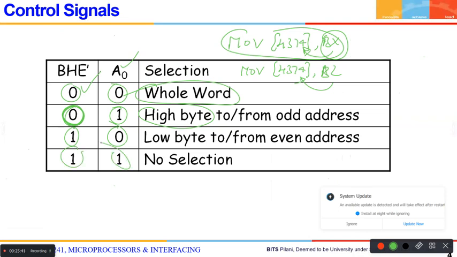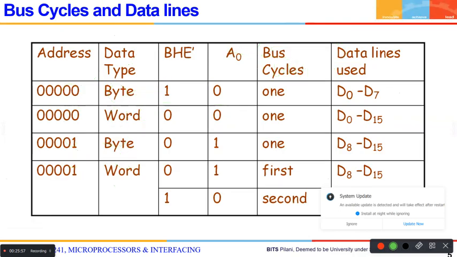It is active low, right? Nothing will happen. Now you understood how bus high enable and A0 control reading a word or reading a byte. Now let us go to design. You can just check what happens to the bus cycle.